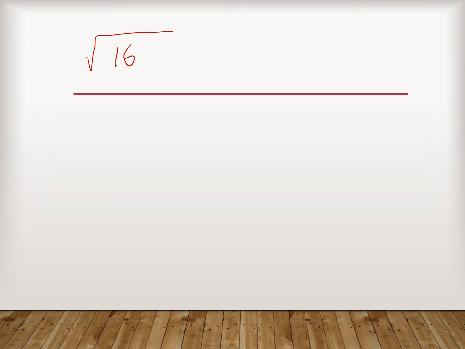Now how can we evaluate this radicand? First of all, try to factor 16. I know that 6, the last digit of 16, is an even number, so try to divide it by the prime factors, that is 2, 3, 5, 7, and so on.